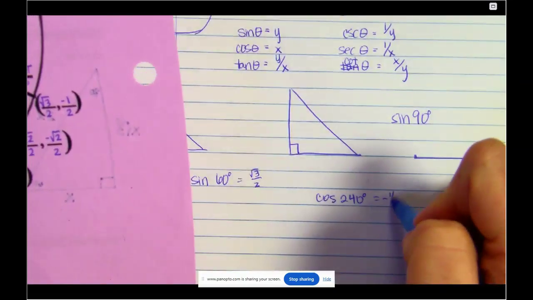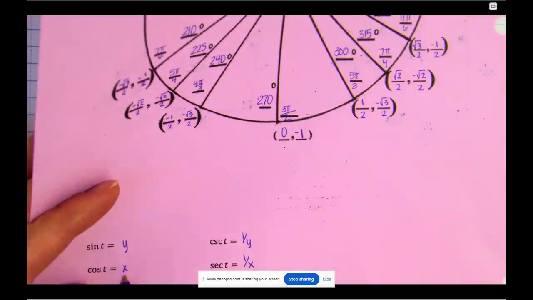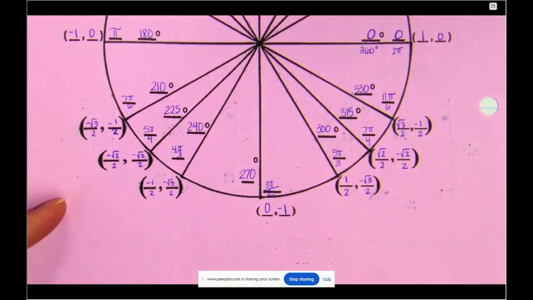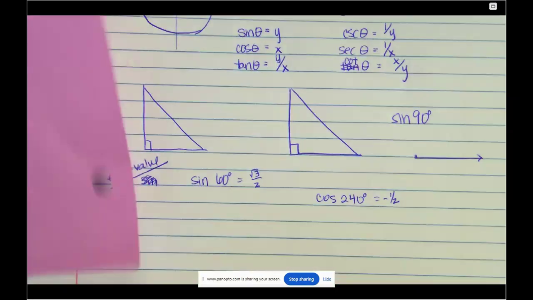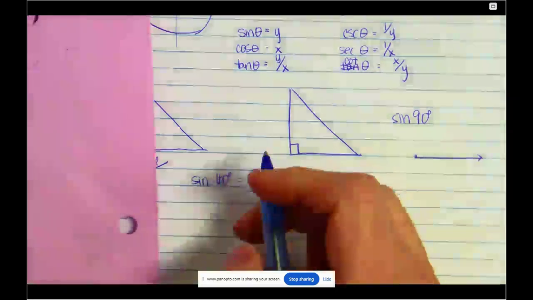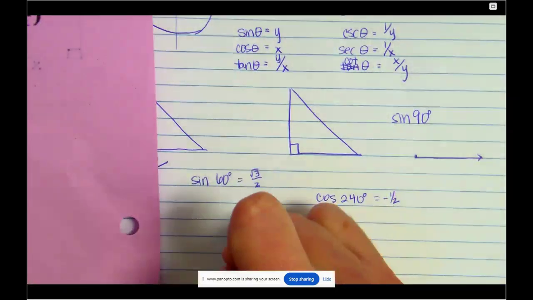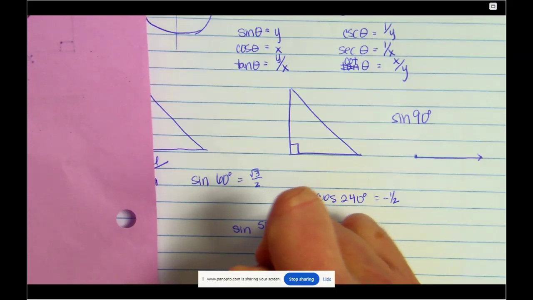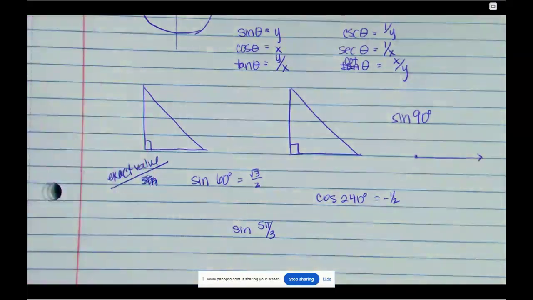Cosine of 240 is negative 1/2 because cosine is x value. Here's 240 degrees. His x value is negative 1/2. Okay. How about sine of 5 pi over 3? You just got to find 5 pi over 3.